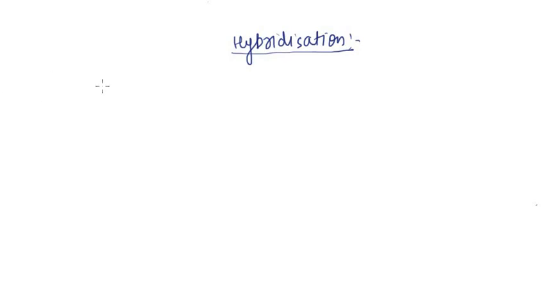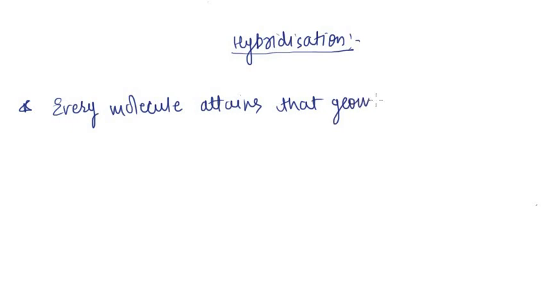What hybridization actually means, we are going to see in inorganic. Now here we are going to see that every molecule attains that geometrical shape in which its energy is minimum and stability is maximum.